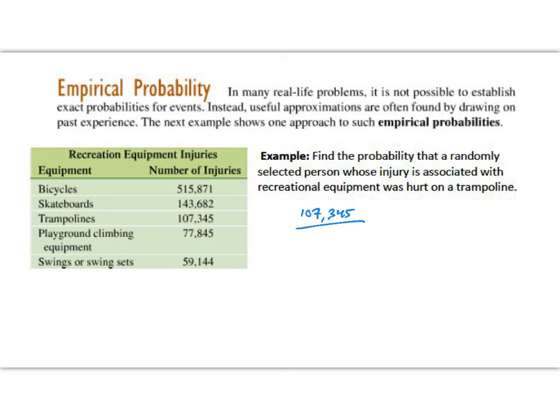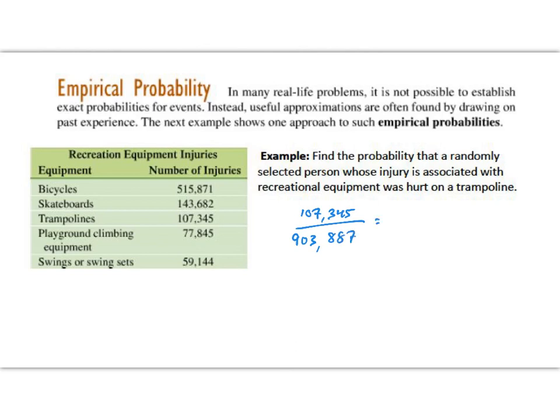But in order to figure out what the probability is that a trampoline was the culprit, what we need to do is add up all of the other numbers and see what sort of percentage or ratio that the trampolines took of that. So when I add all of those together, it's going to be 903,887.